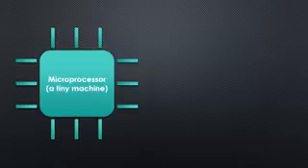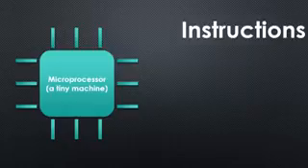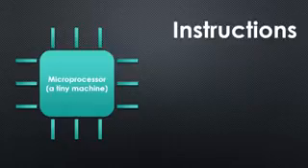We give the microprocessor instructions. The microprocessor speaks a language. Now, not all microprocessors are the same. In fact, they don't all speak the exact same language. When we give instructions to the processor on your computer for it to run a program, it's going to get those instructions in the particular language that it understands.